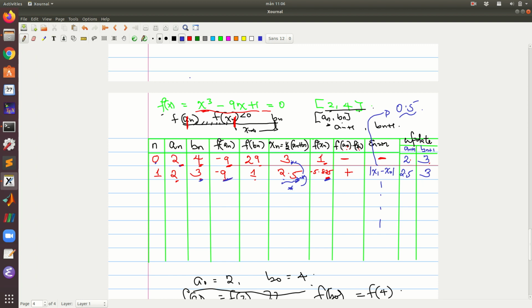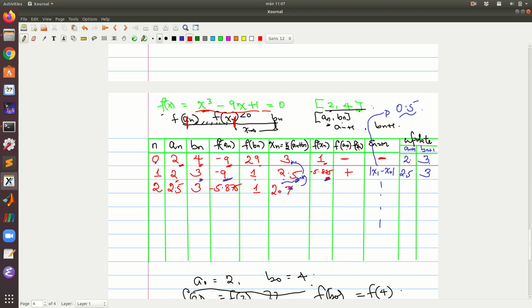So the next one here, we shall write this is 2, and then this is 2.5, and then we have found out that bn is 3, and then you can fill the rest. This is f of a1, this is negative 5.875, and then this is f of b1, which is 1, and then you can fill this one.